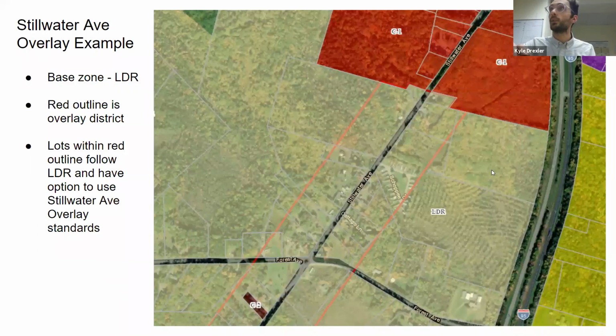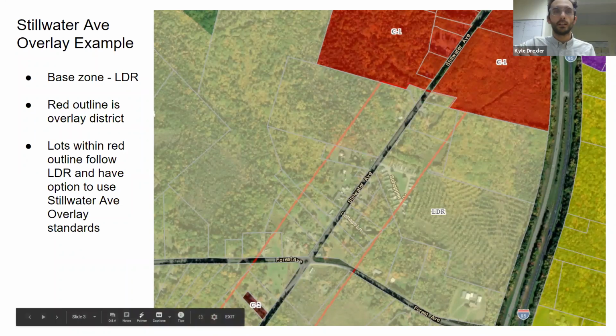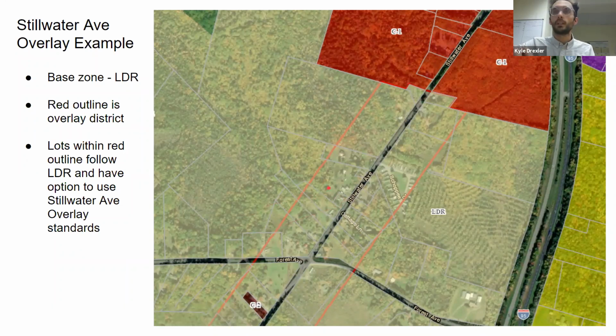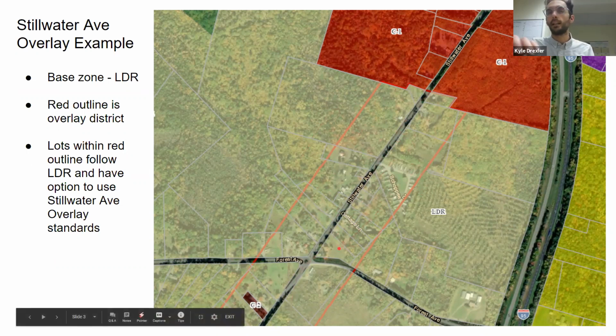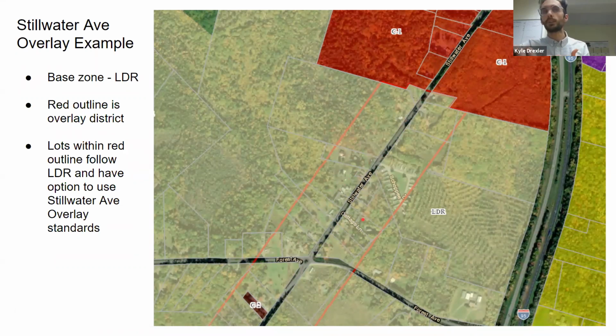When you look at the zoning map, you can see that this beigeish color indicates the base zone of the LDR, low density district, and this red outline around Stillwater indicates the area where the overlay is. All those lots inside there would be able to participate in the overlay district if they wanted to, but if not, they can continue to operate with the low density residential standards. That's the same thing as what we're talking about here.